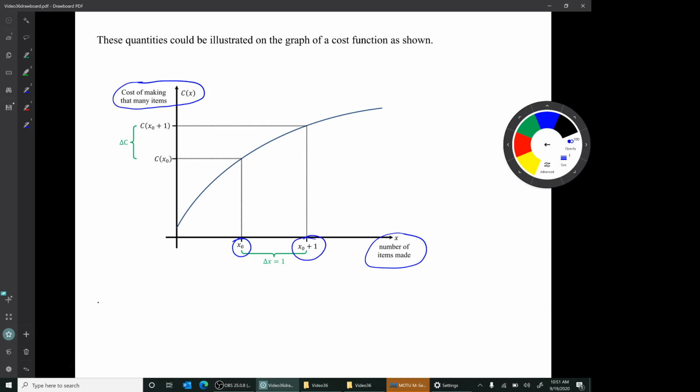So our change in the number of items made is our delta x, the number 1. It's the spacing between those two coordinates on the x-axis. Now, the cost of making x subscript 0 items is here. The cost of making x subscript 0 plus 1 items is up here. So the change in cost is this interval on the vertical axis.